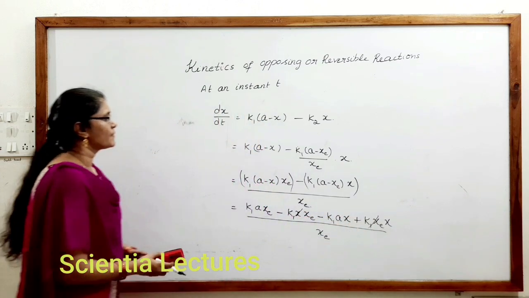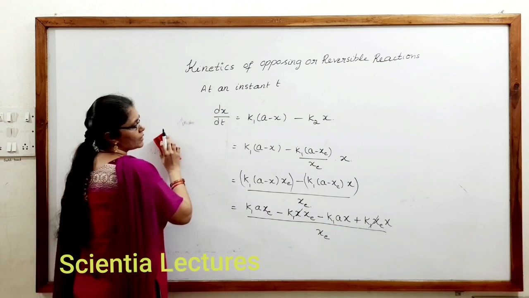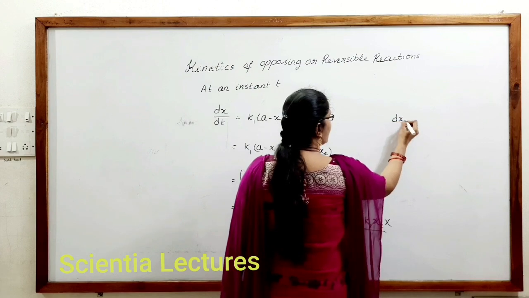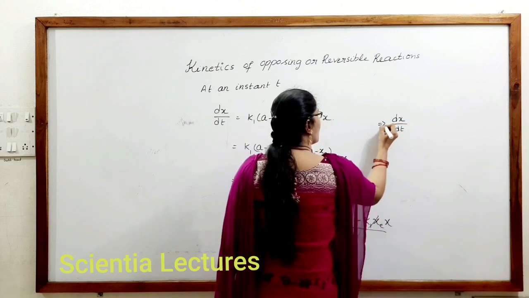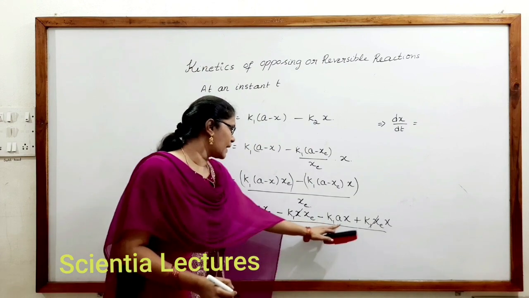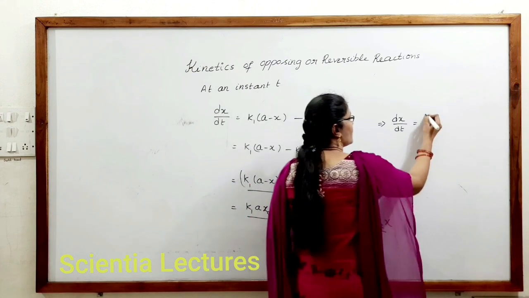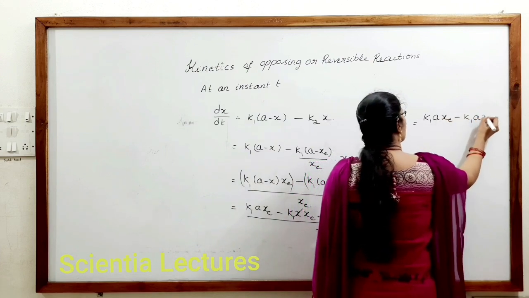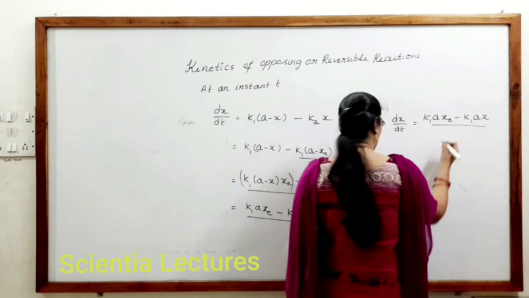So from this, what is dx by dt equal to? We will get dx by dt must be equal to, what is remaining here? K1 A Xe minus K1 A X divided by Xe.